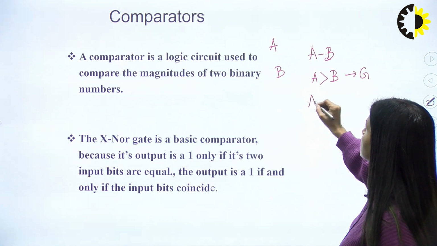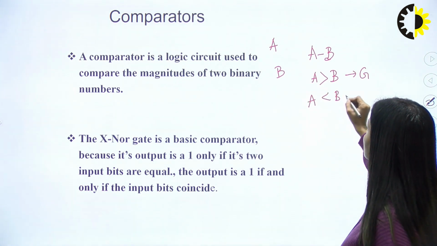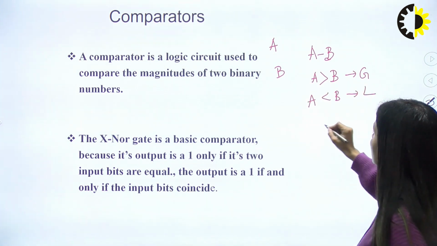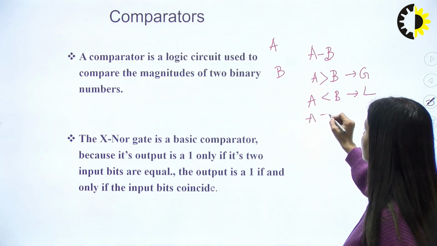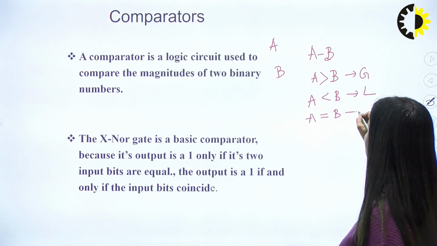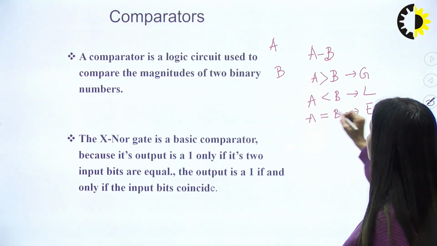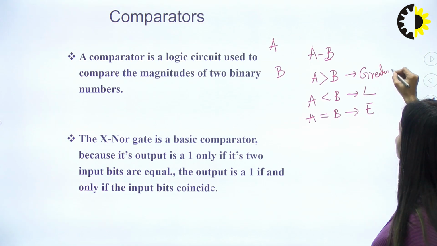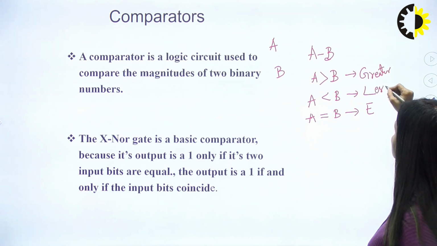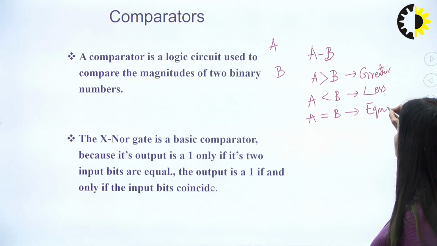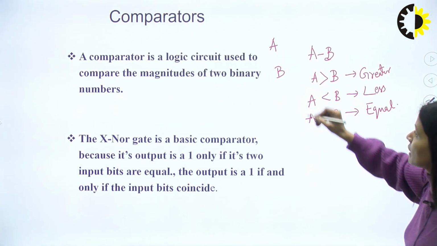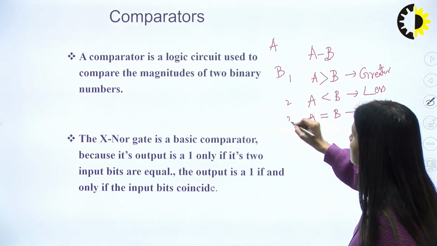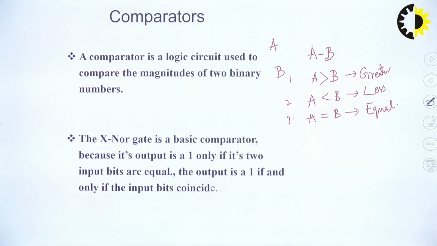If A is less than B, L will be high. If A is equal to B, E will be high. Greater, less, and equal: there are three cases. This is the initial logic which we should understand.